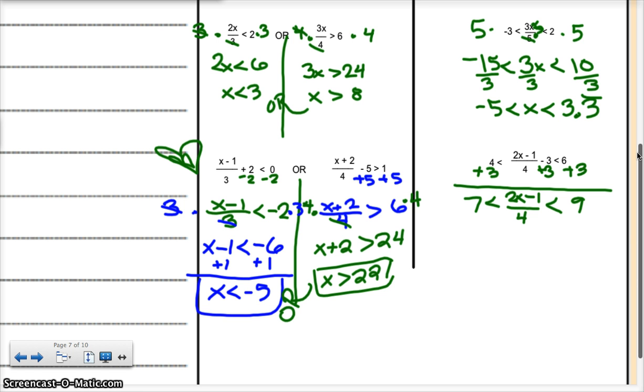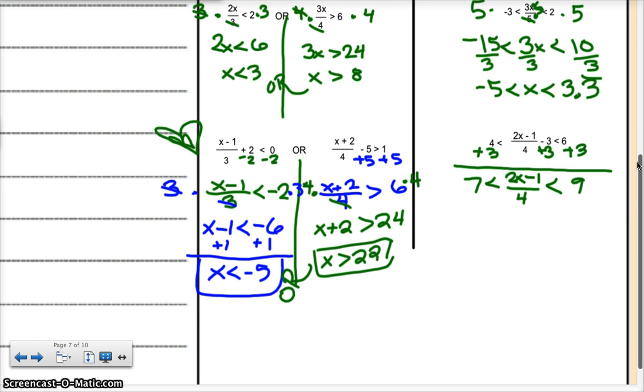Give you a minute to catch up here. I moved that 3 first because I want to get x alone, and you move the things that aren't connected to x first before you start moving the things that are connected. Now I get rid of that denominator because all I have left is a fraction.